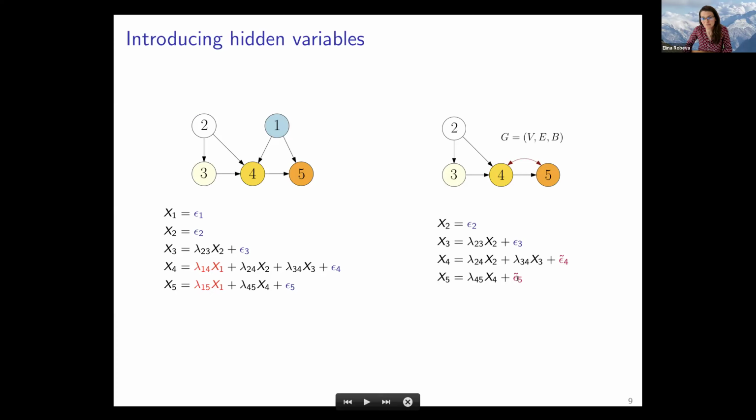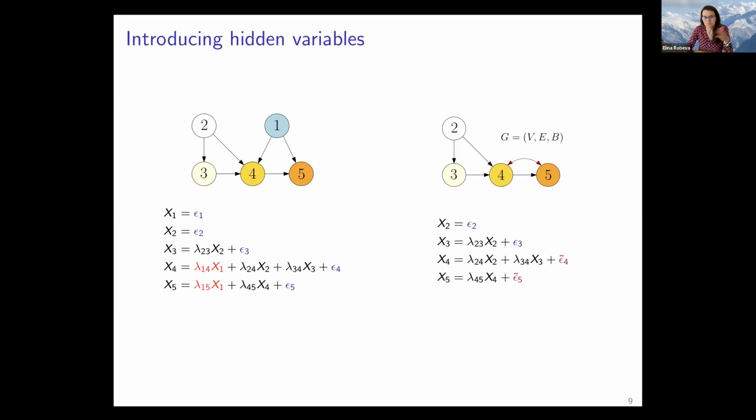And here we have epsilon 5 tilde, but epsilon 4 and epsilon 5 are no longer independent. They are dependent. And in the graph, we're going to add a bidirected edge that exactly says that there used to be a variable here. There is an unobserved variable that affects both 4 and 5. And now we have vertices, edges, and bidirected edges. And the bidirected edges tell us which noise terms are not necessarily independent.